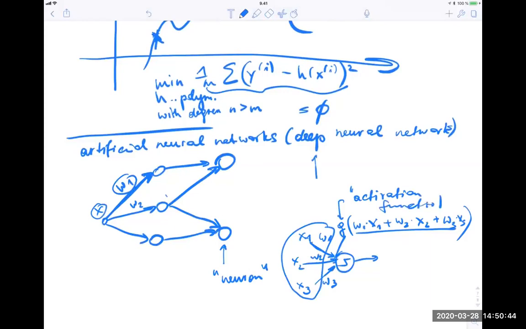And this activation function can be, for example, just a thresholding. So if this sum is larger than 0, you output 1. And if it's smaller than 0, you output 0.